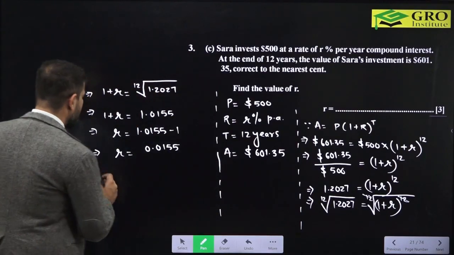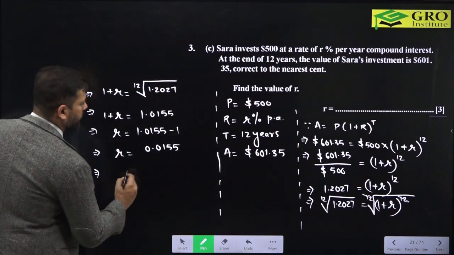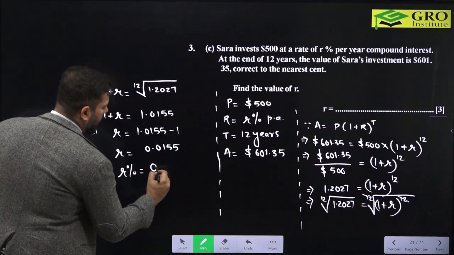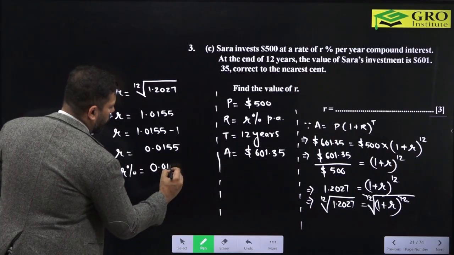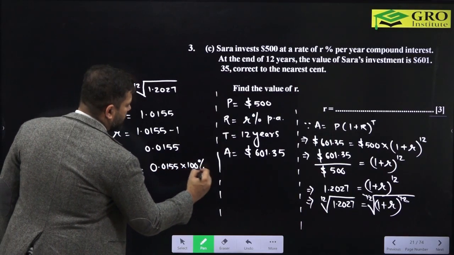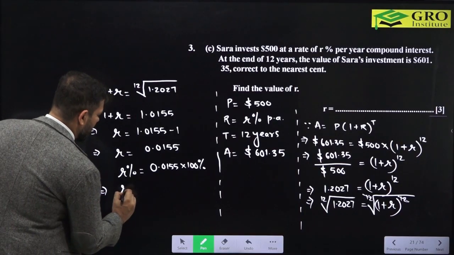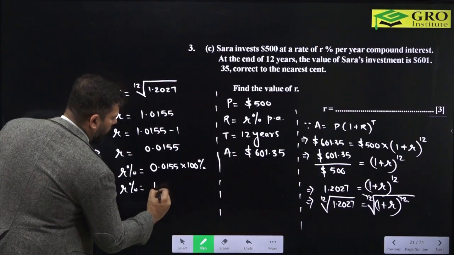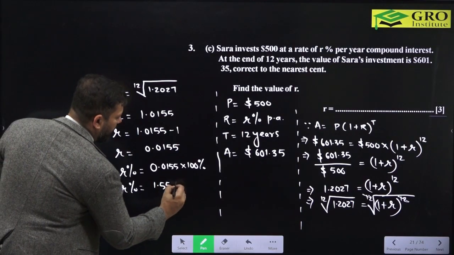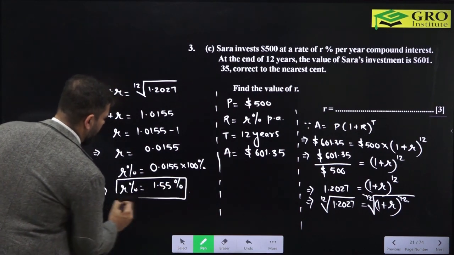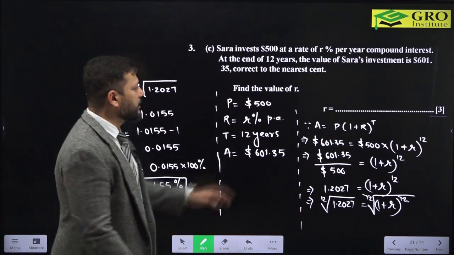So if I write it in terms of percentage, R percent would have been 0.0155 multiplied with 100%. That will result into 1.55%. This is the value that we are looking for, the rate percentage.